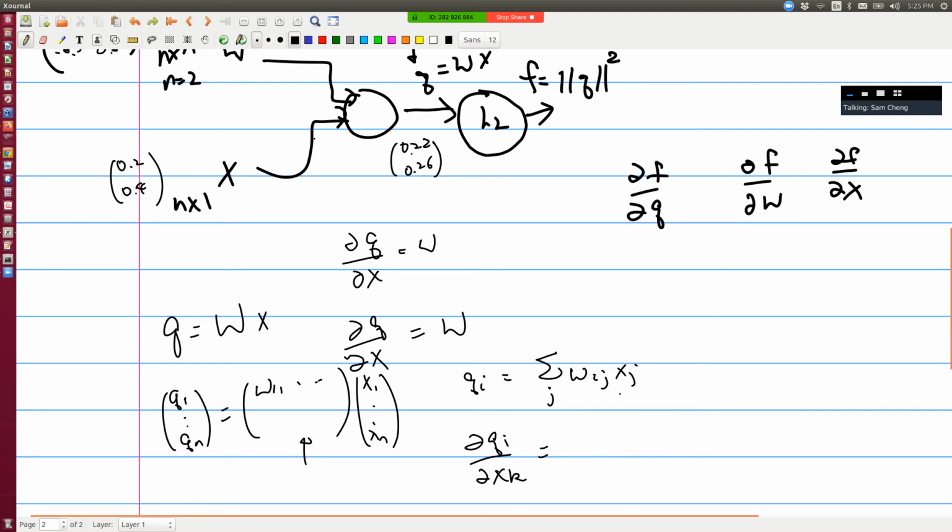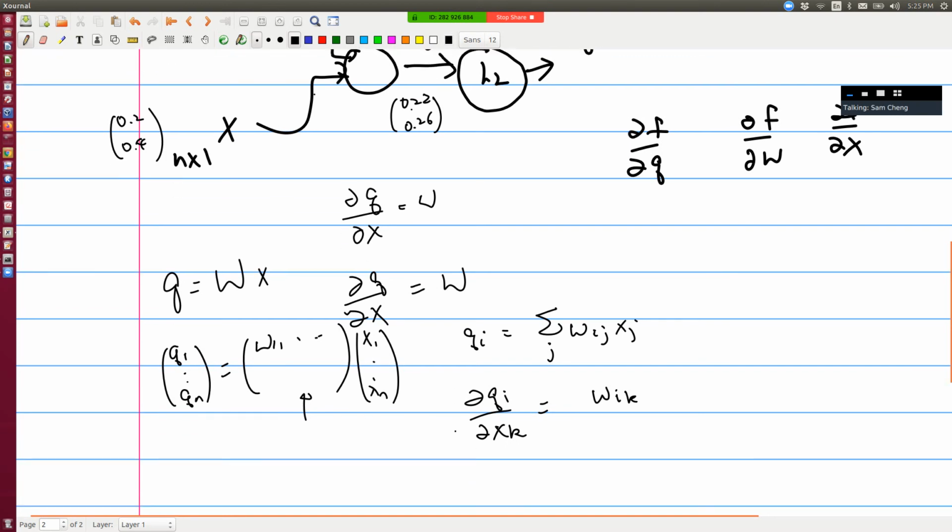So I only have one term, Wik. The partial of qi with respect to xk is Wik, and that's the Jacobian matrix.